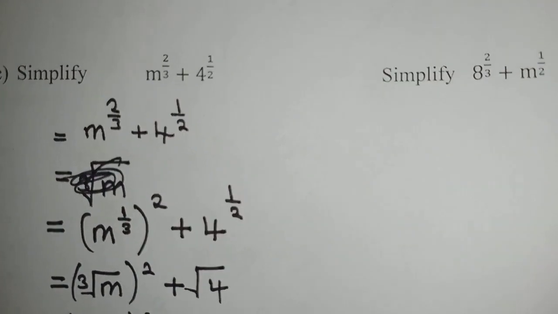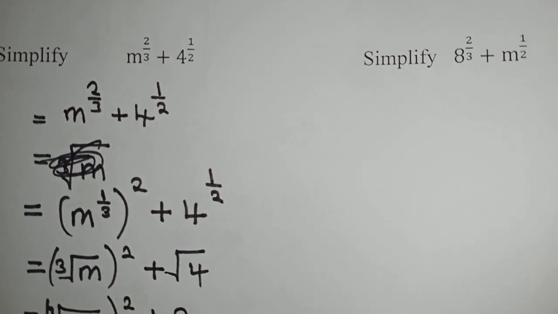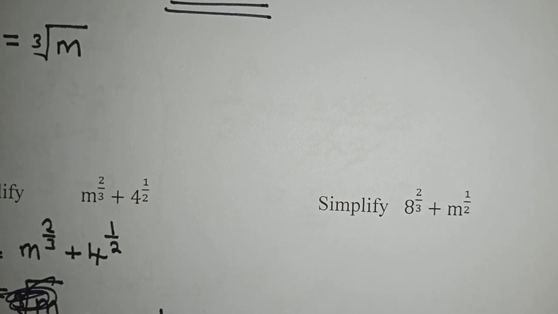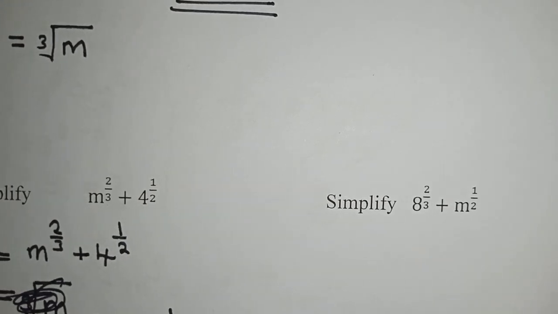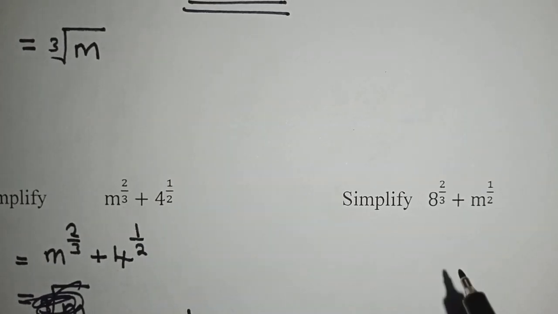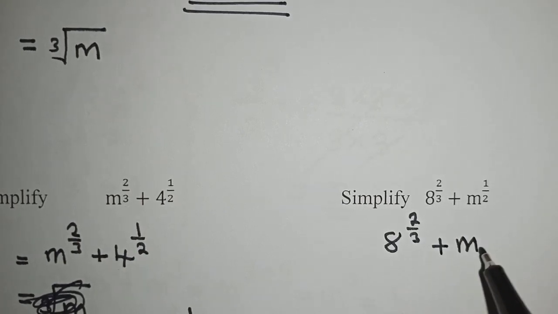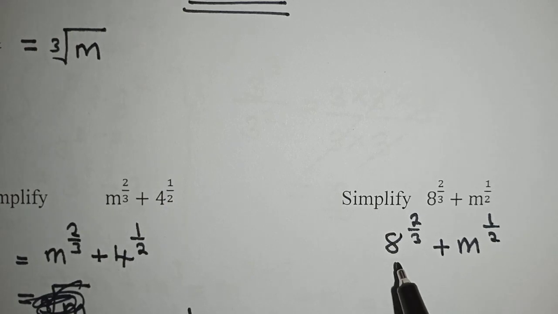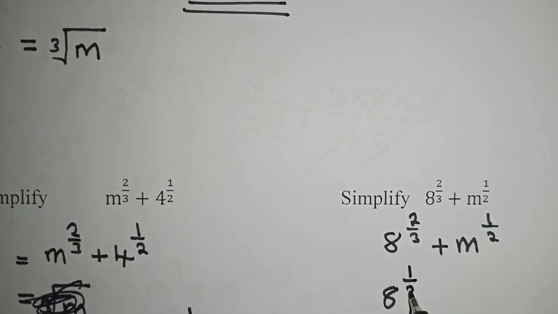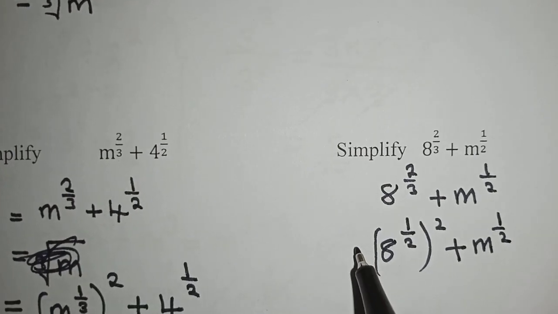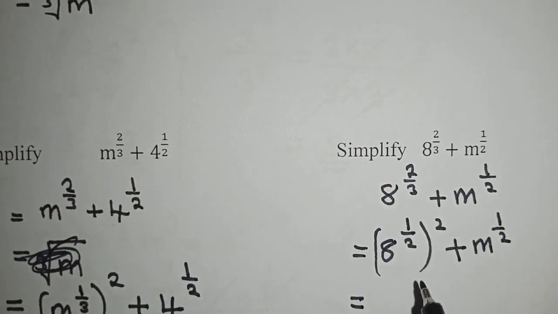Let's also try to simplify this other one right here. Okay. So for this one we have 8 power 2 over 3 plus m power 1 over 2. So we separate also, we have 1 over 3 and the 2 will come this side, plus here m power 1 over 2. So that's what we have. We work out things here.